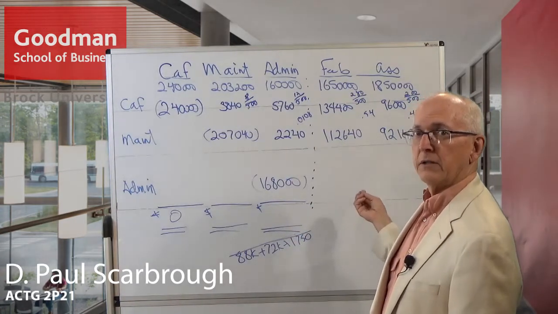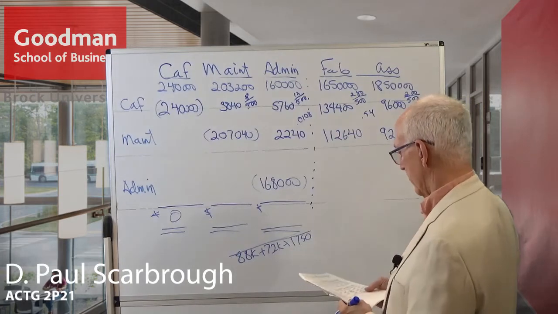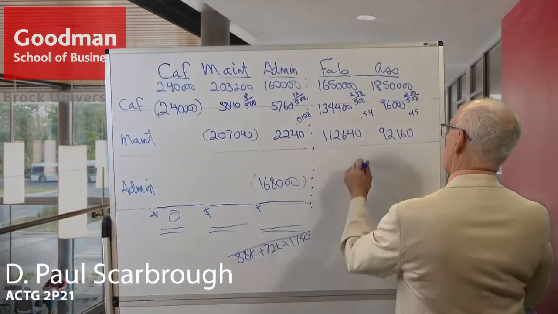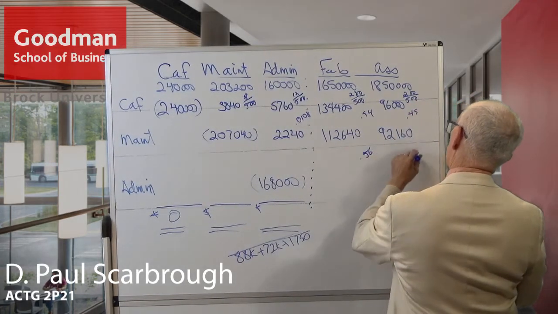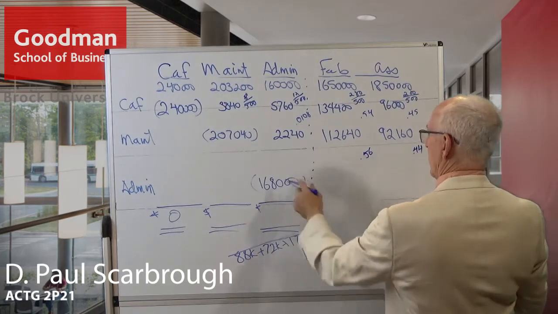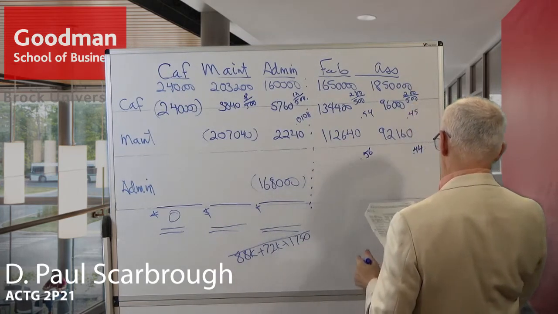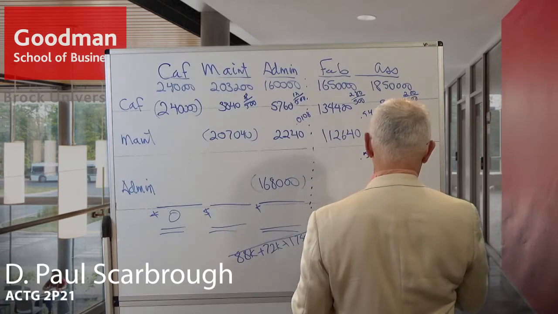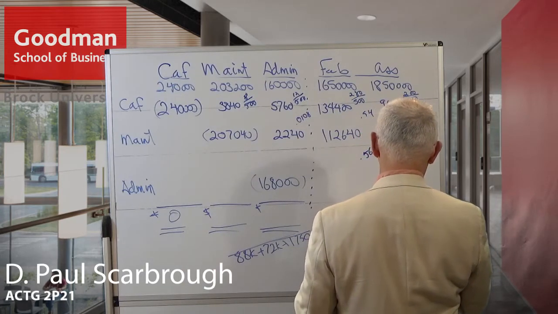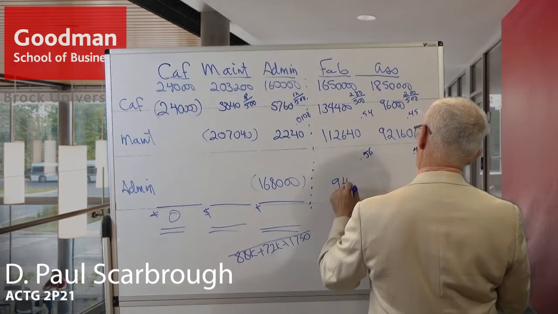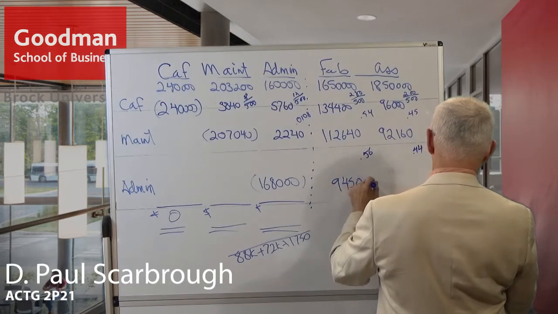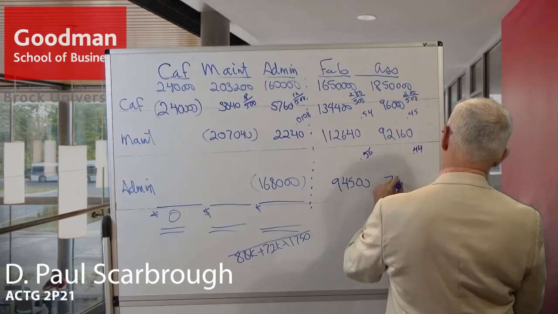So on an exam, you are going to have to stop and compute all of these. So this would be 0.56 and 0.44 multiplied by 168,000 would be 94.5 and 73.5.